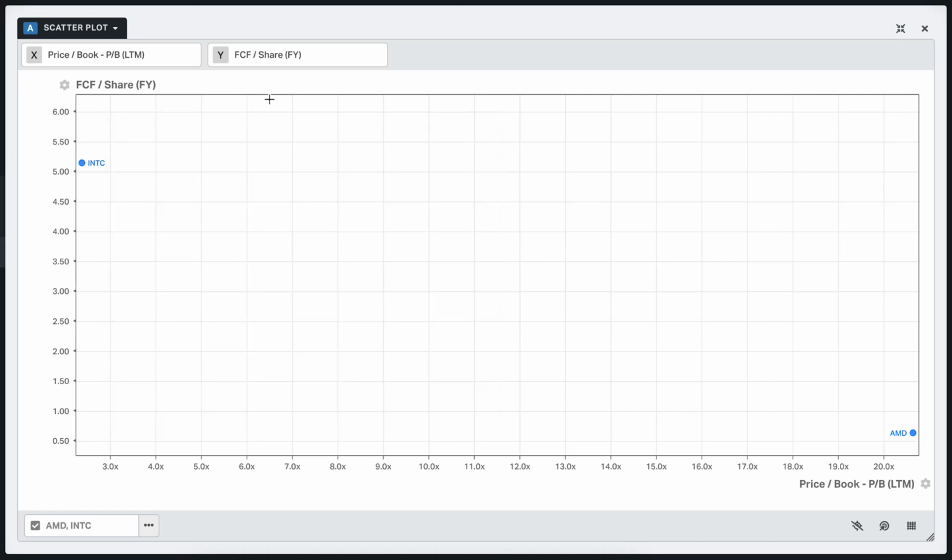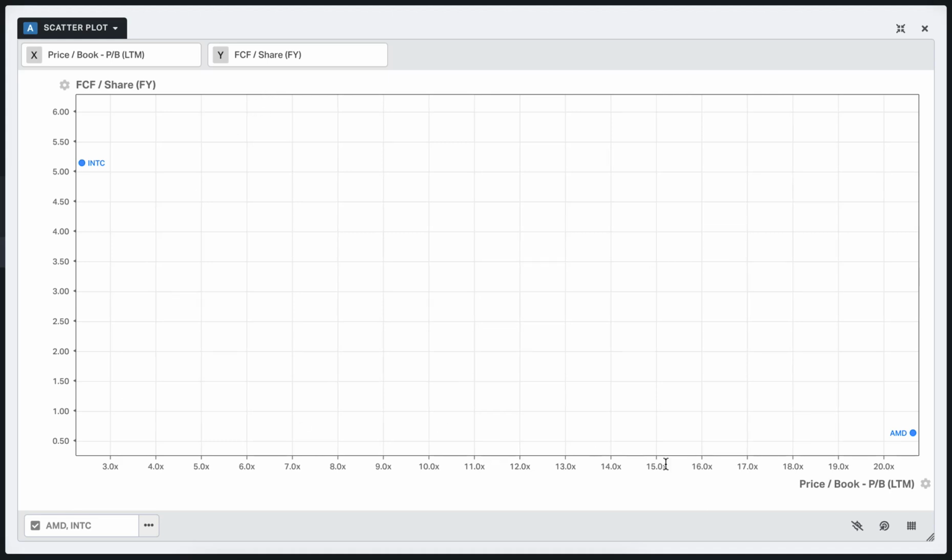And free cash flow per share is basically sort of like a PE ratio, but it uses a free cash flow metric instead of the earnings metric, just because free cash flow is, at the end, a little bit more important. It has some extra expenses that are accounted for, and you kind of want to know how a company fares in terms of its free cash flow.